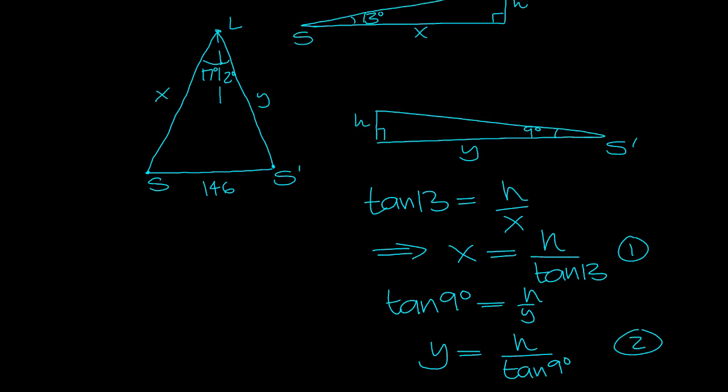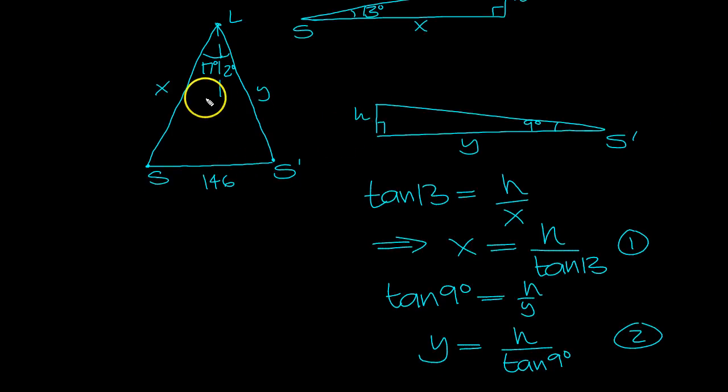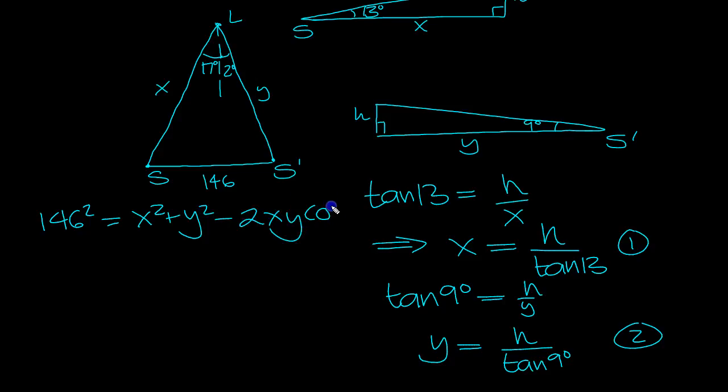Now if we look at our main triangle, we can use the cosine formula here. This side squared then, okay, so 146 squared equals x squared plus y squared minus 2xy cosine of the included angle, which is 19 degrees.